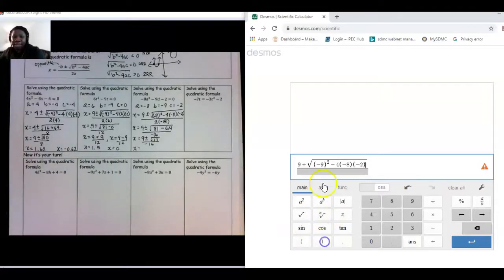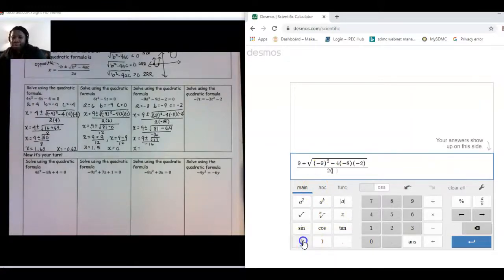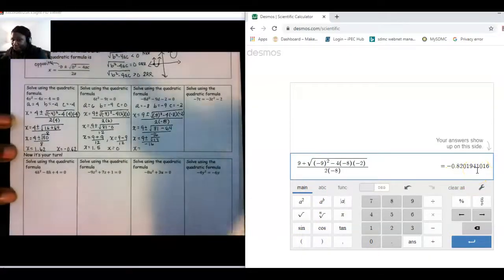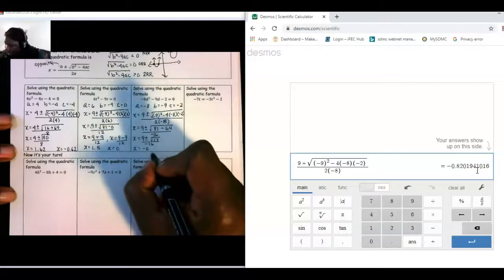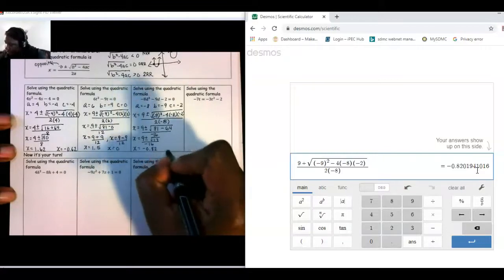Again, close your parentheses. All of that divided by 2 times negative 8. Close your parentheses. And here's our answer. It's negative 0, rounding to the hundredths place, so 0.82.